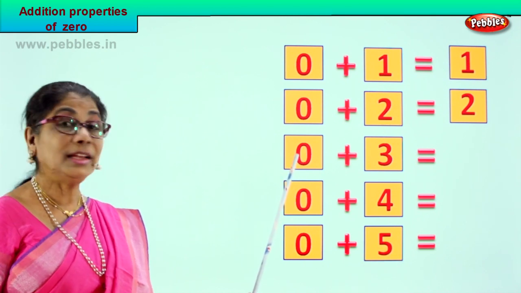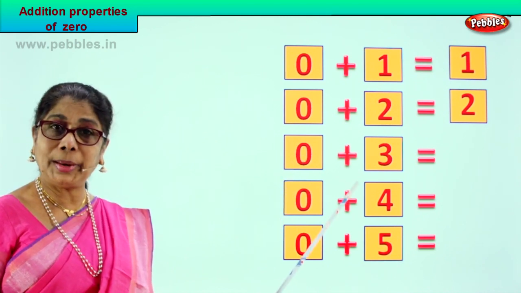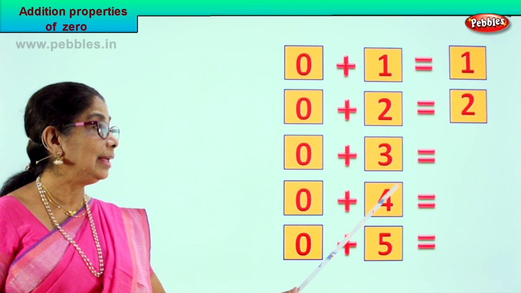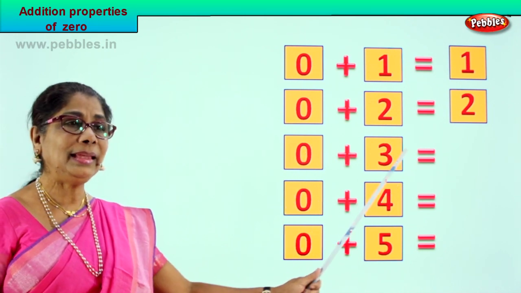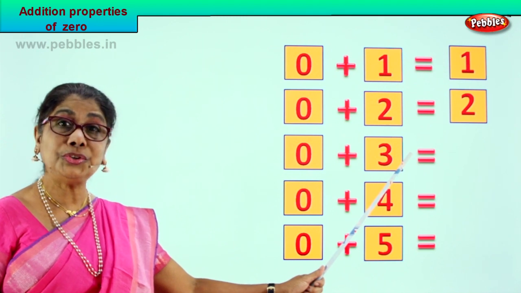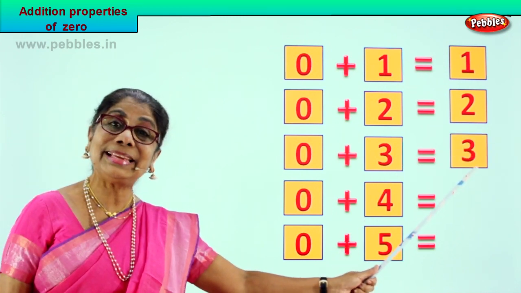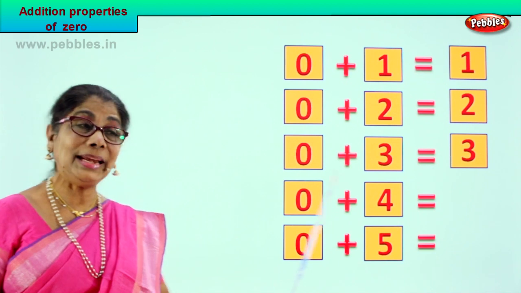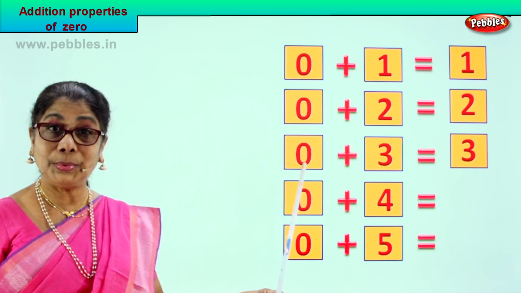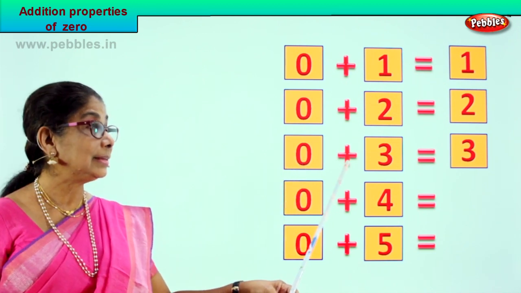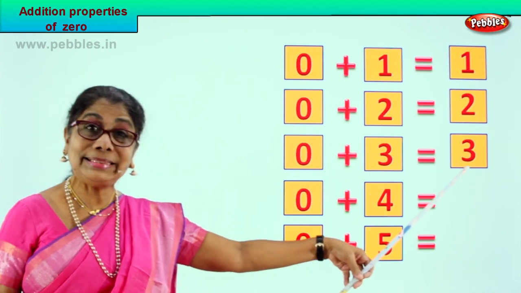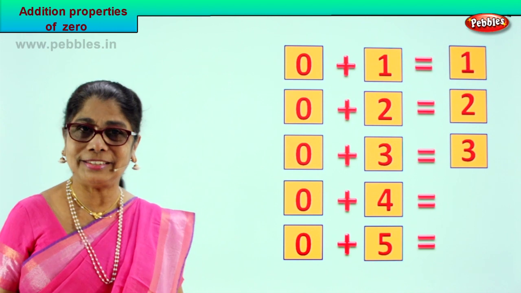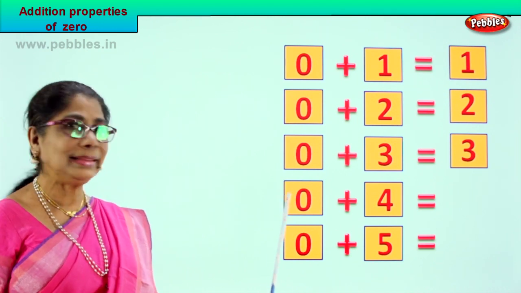Here we have 0 plus 3. 0 plus 3 is equal to 3, the same number. Read with me. 0 plus 3 is equal to 3 itself.